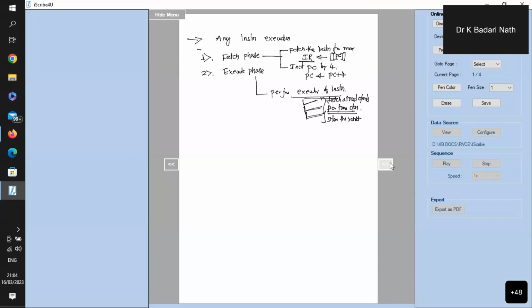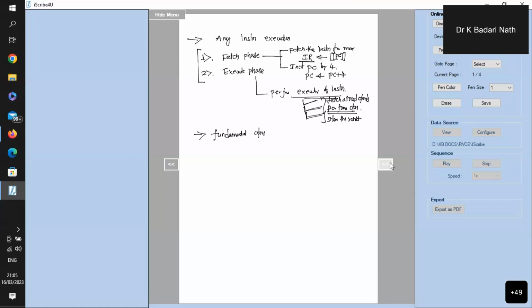So any instruction you take, every instruction requires these two phases, the fetch phase and the execute phase. Now another concept: any instruction can basically be broken into some fundamental operations.